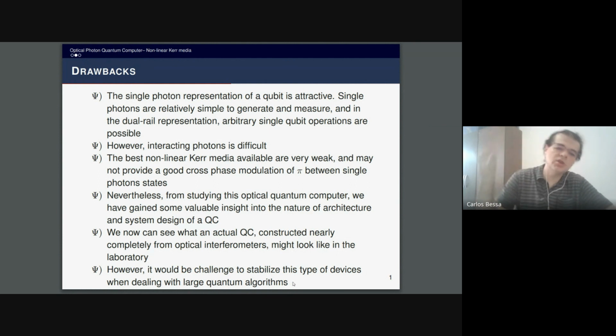And we have that circuit, but if we increase the number of qubits, you would have a more complicated algorithm, and the number of optical devices needed to make these algorithms work would be much bigger, and it would not be easy in the lab to stabilize these optical devices.